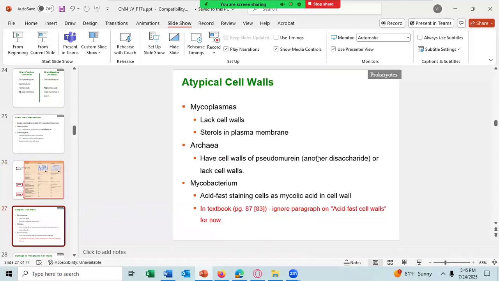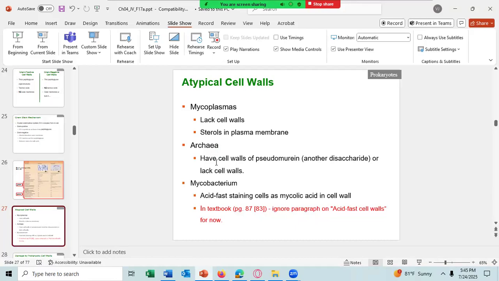All right, so that's the normal bacterial cell wall. There are some cells which are a little different, and we call them atypical cell walls. Any question about any of that? The first atypical cell wall is the archaea. These are prokaryote cells that belong to a different domain, and they do not have peptidoglycan in their cell wall.